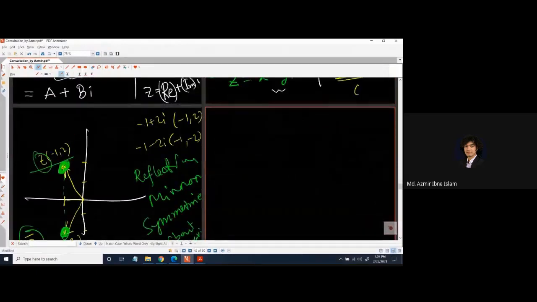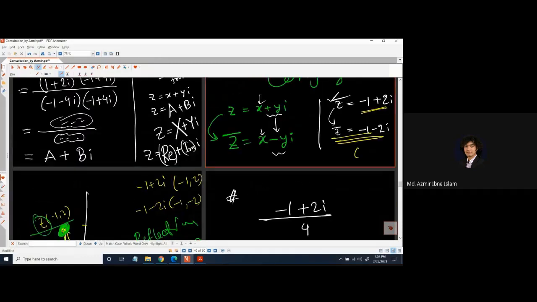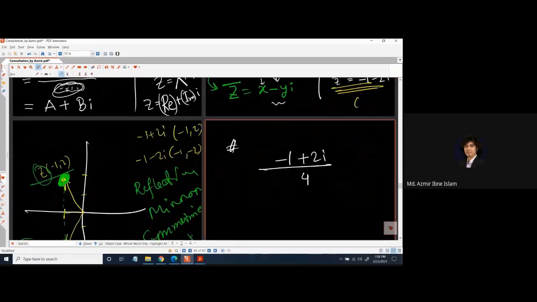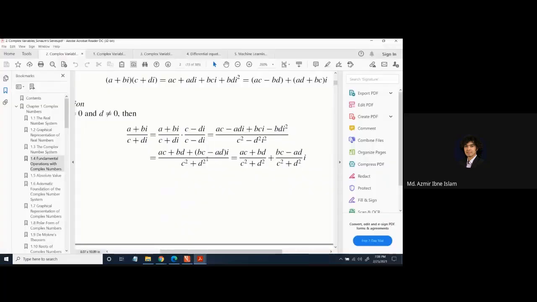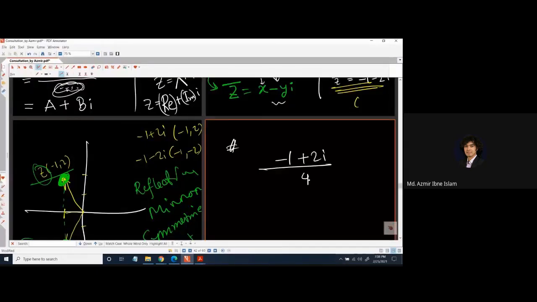Suppose you have (-1 plus 2i) by 4. What can you do? Remember, whenever you multiply a complex number with its conjugate, the denominator will become just a real number like 4. That means in the denominator there will be no i.